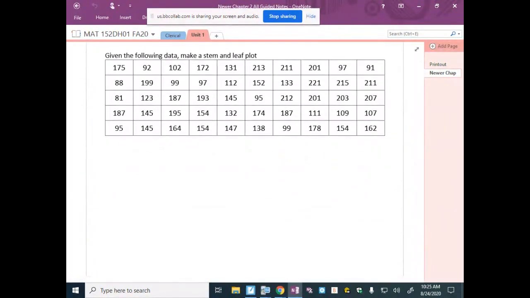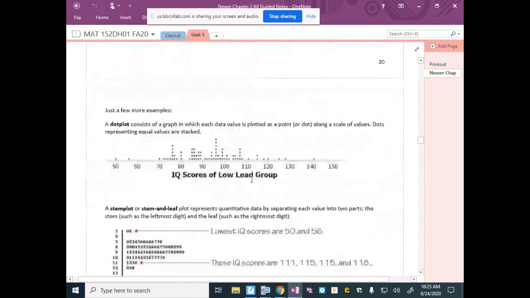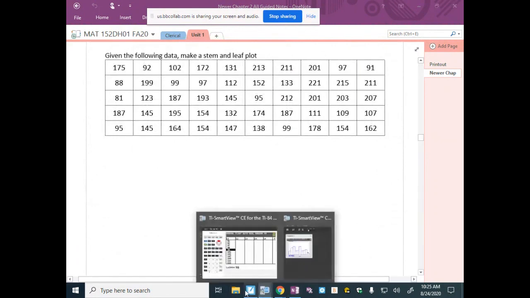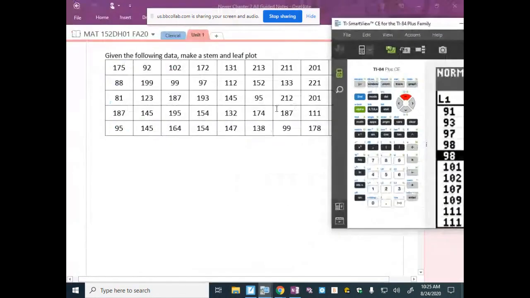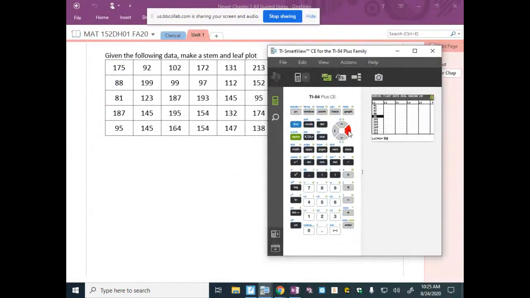So, we're going to make a stem and leaf plot of this data. Now, if we want to make it ordered, we probably could just put this into the calculator and order it there. So let's pop all that data into L2 and sort it.